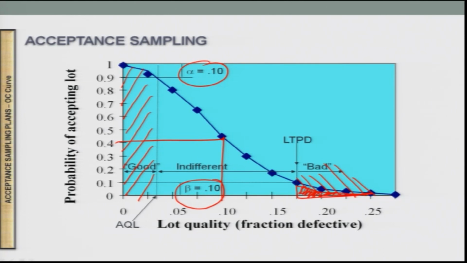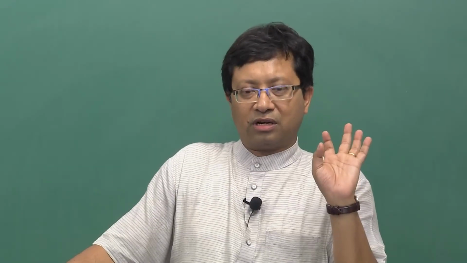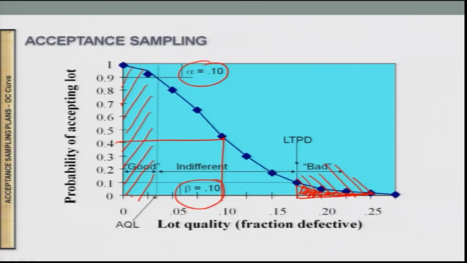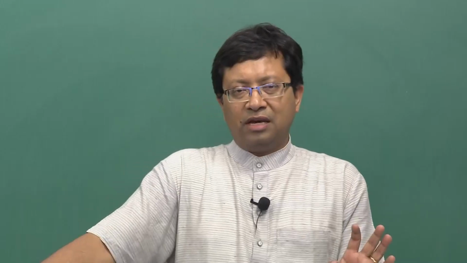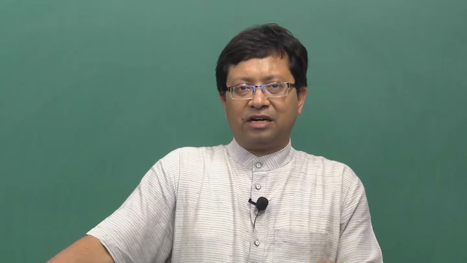Now, if you consider alpha and beta, again I am mentioning they are the risks from the producer and consumer, which technically means that if products fall in this range to the left or in this range to the right, there may be chances that a good quality product is being rejected or a bad quality product is being accepted. So, that has to be understood in such a sequence that alpha and beta values dictate to what level good and bad items would be rejected or accepted, depending on which side of the story you are looking at.